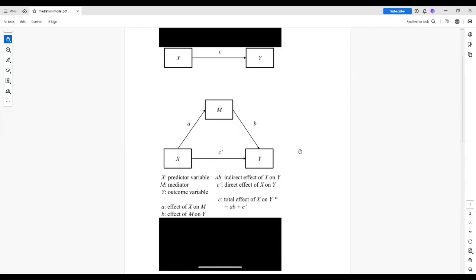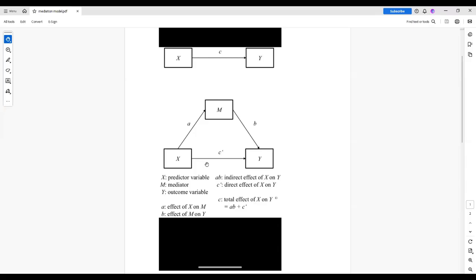So full mediation means that, imagine that you have an IV and DV without considering any mediator, and this relationship is significant. For example, your IV can significantly predict your DV when you don't control for any mediator or any covariate. However, when you introduce a mediator to your analysis, the mediation effect can be significant, like your analysis telling you that there is a significant mediation.